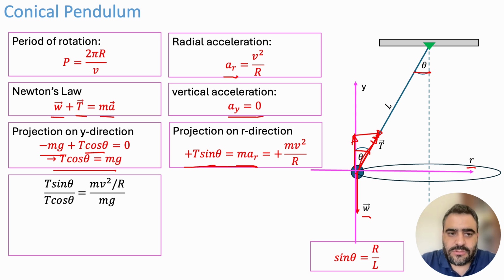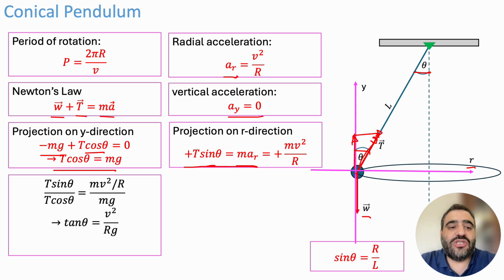Now T cancels out. m also cancels out, so we don't have any dependence on m. It shows up in the y projection, and it shows up in the radial projection. In the y projection, it comes from mg. In the radial projection, it comes from the inertia, which is in the form of ma.